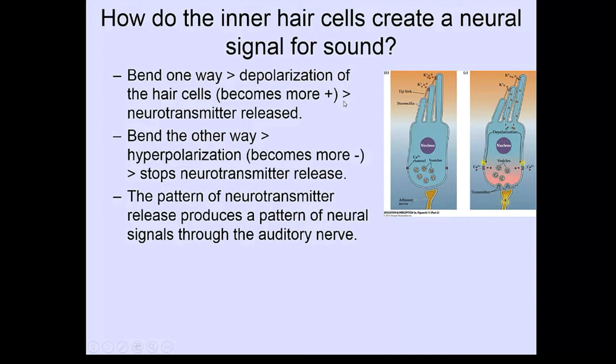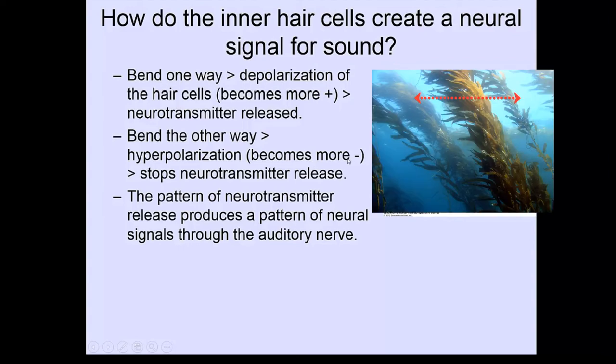So if they bend one way, we get depolarization of the hair cells. If you remember, depolarization means the hair cell, that neuron, will become more excited, more positive, and that'll lead to more neurotransmitter being released. But then when they bend back and go the opposite direction, they will become hyperpolarized, or they will become more negative.